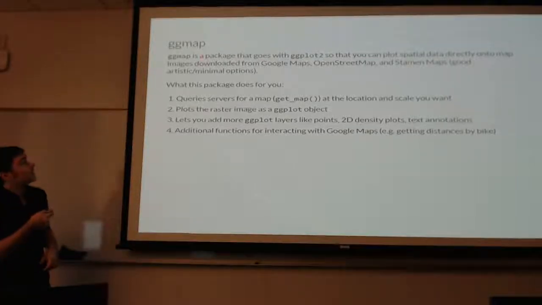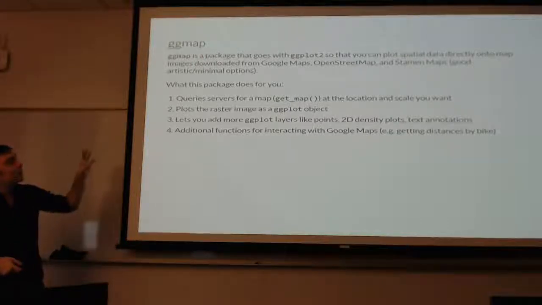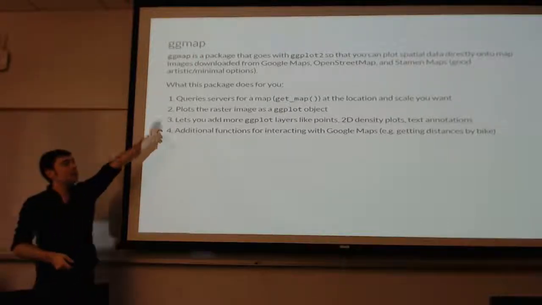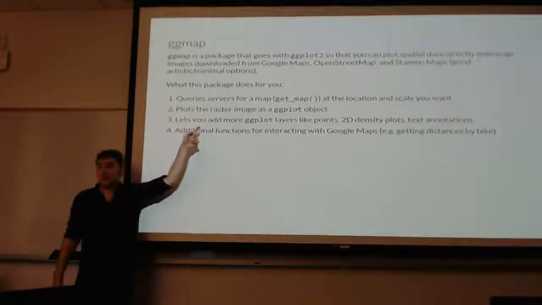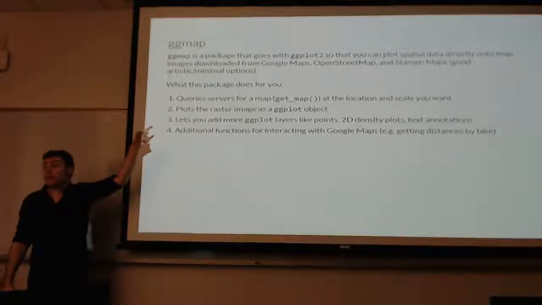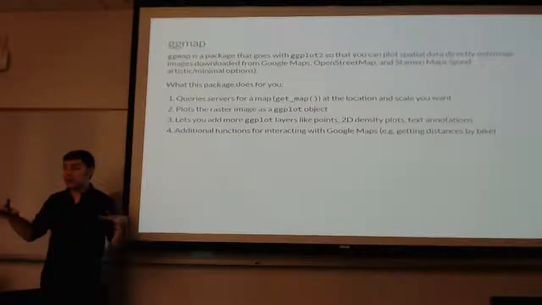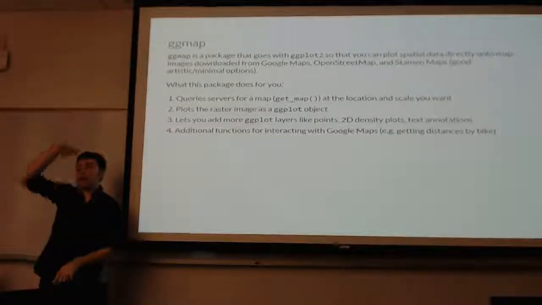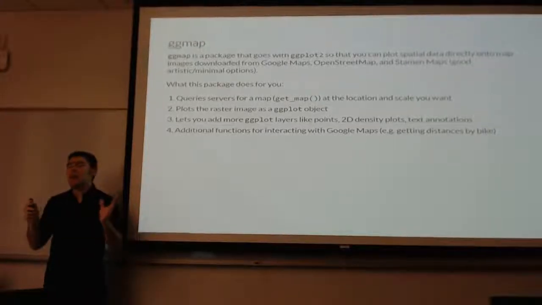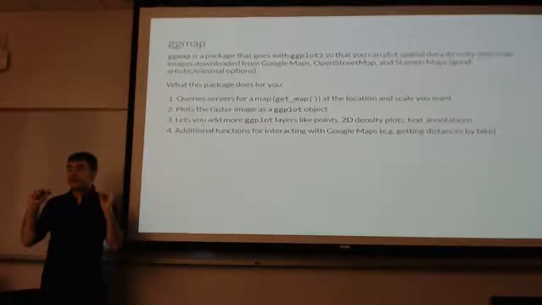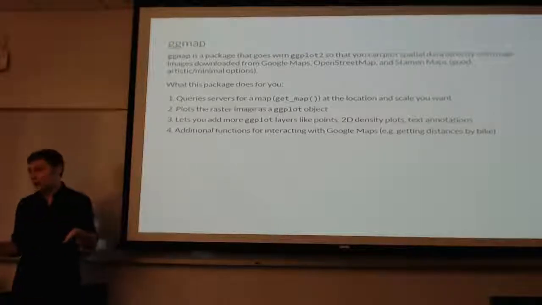What this package, ggmap, will do is automate the process of querying some server to get a map using the getMap function. When I say query a server, this means it will query up Google Maps at the location you look for, at the resolution that is sort of like the height you're looking down from, select street view, satellite view, any of those kinds of things, and grab that image, plot it to the correct size for whatever plots you're going to be doing on top of it, automating the whole thing.